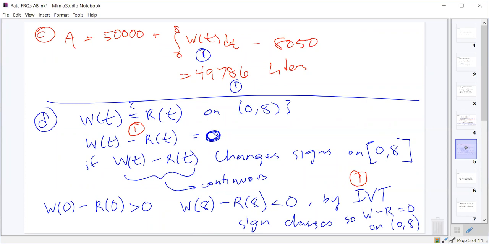So it's good to use the theorem if possible. What'd you say on it? I said they're both continuous, but W of t starts higher and ends lower than the rate, so they must have crossed at some point. Yeah, that's probably fine. Since it didn't specifically say to use the intermediate value theorem, that probably would work. Yeah, thank you.